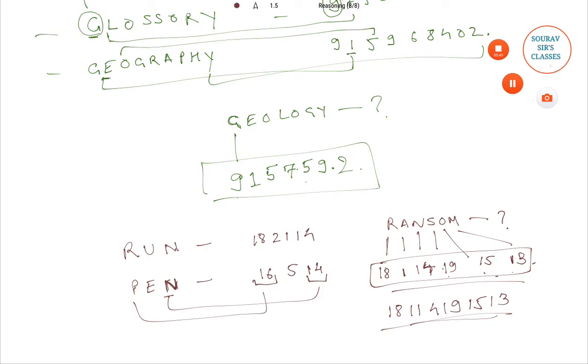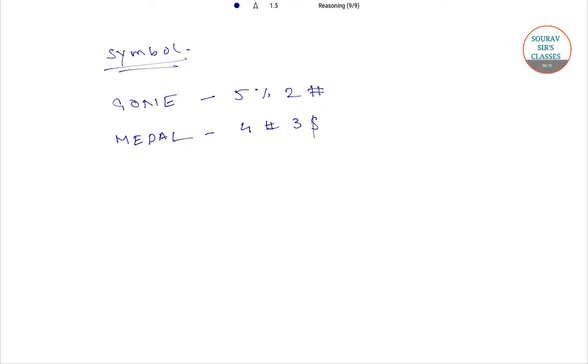Now, instead of numbers, the letters can be coded by symbols. For example, in a certain code, it is given that GONE is coded as 5%2#, and MEDAL is coded as 4#3 alpha. So we have to find how GOLD would be coded. Now, from the first one, we get that GO is coded as 5%.